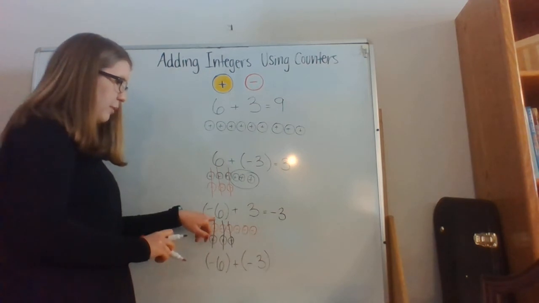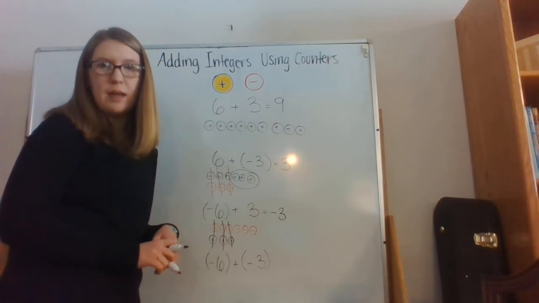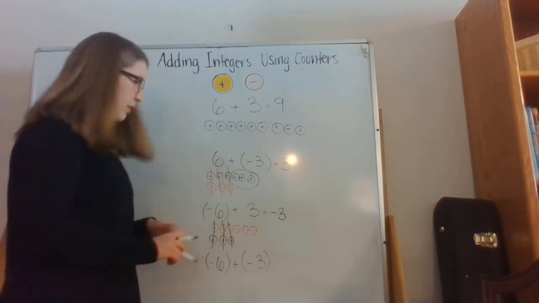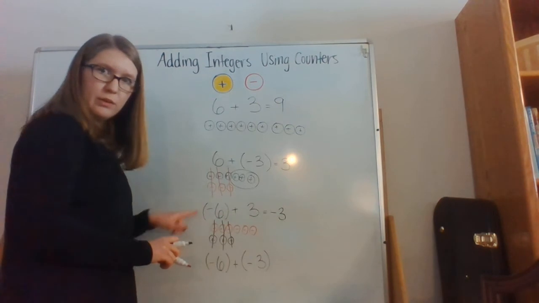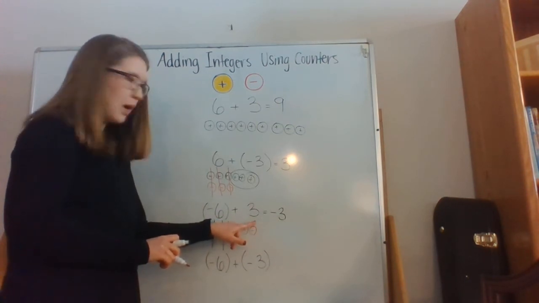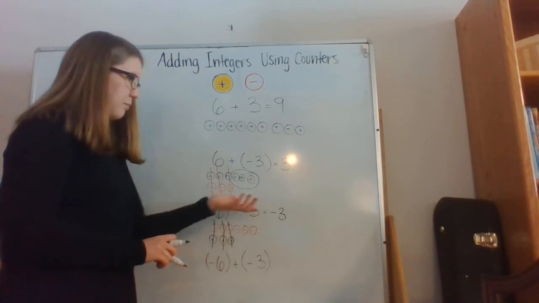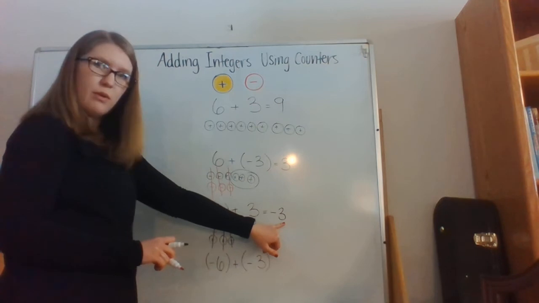So I started with a negative 6, I added 3, that equals negative 3. This negative number has the greater absolute value. So when I'm adding more positive to it, if this positive is not more, then it's still going to be negative 3.